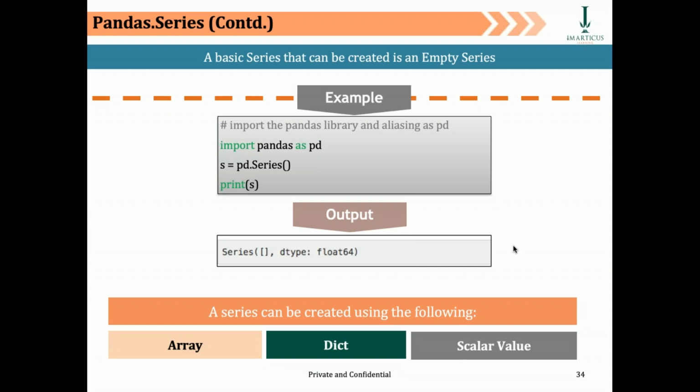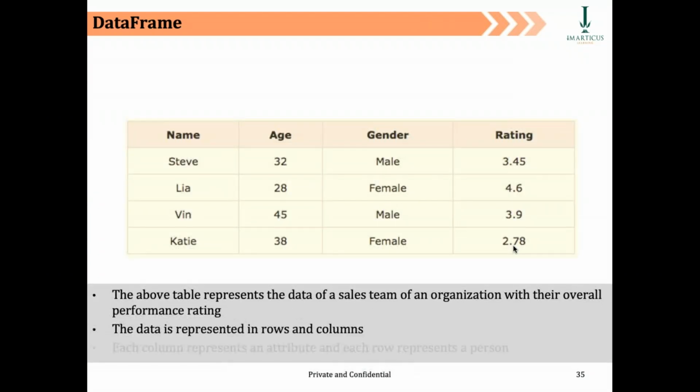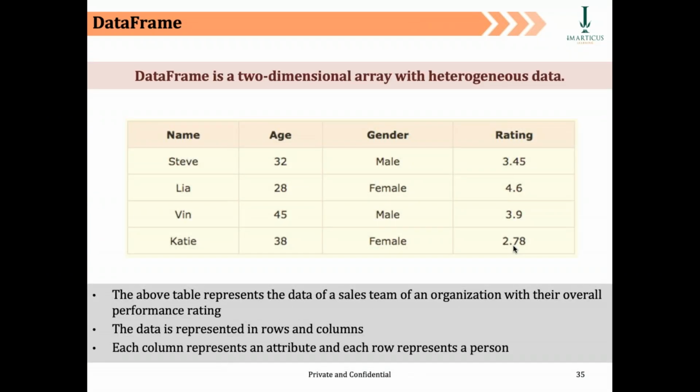So in a similar way, using this method, we can use an array, we can use a dictionary, or you can actually use a scalar value. And the example of a data frame is basically a two-dimensional array with heterogeneous data, more like our Excel-based structure. So which is having name, which is a float, age, which is an integer, gender.